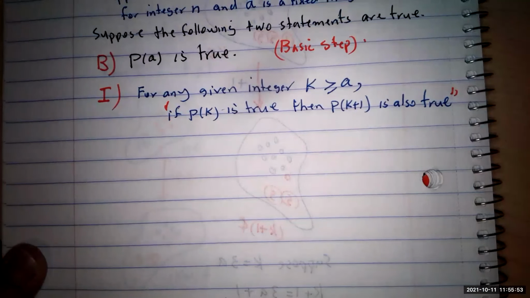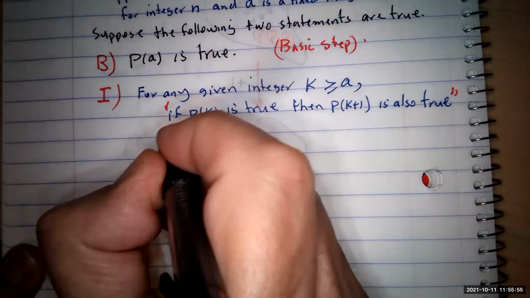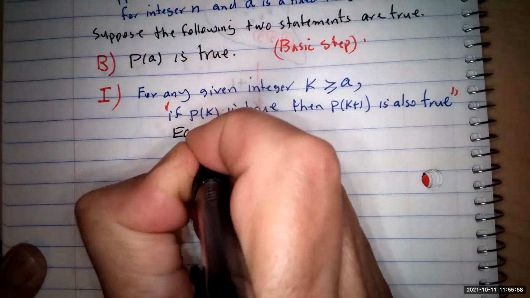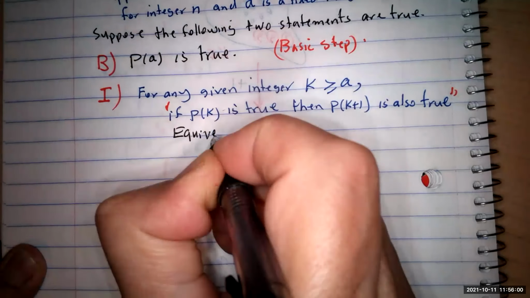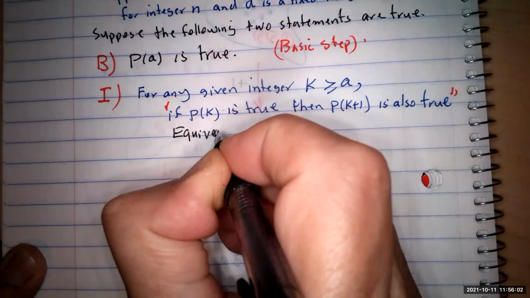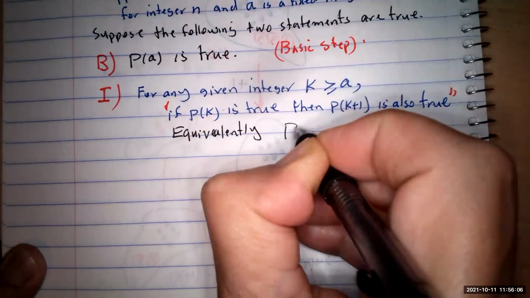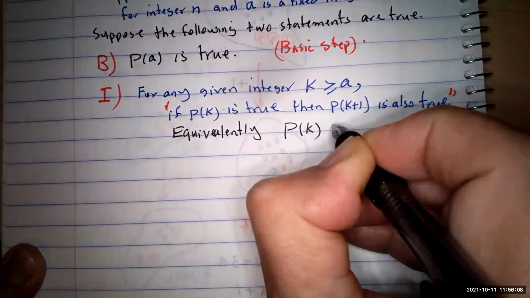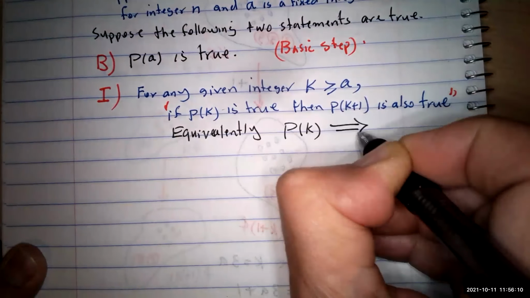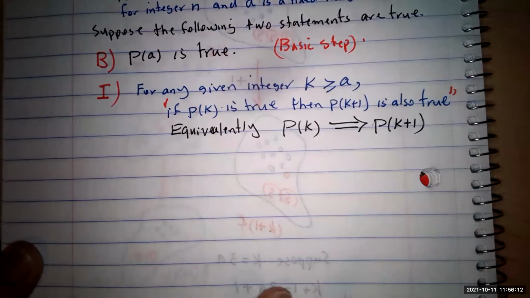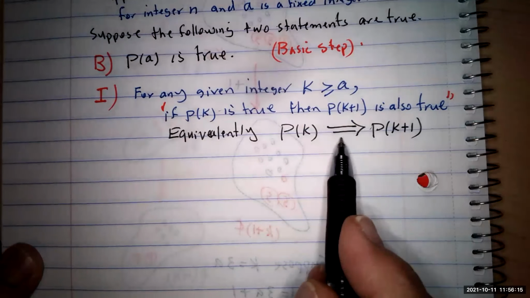Equivalently, if you like, in notation only, this means Pk implies Pk plus 1. You remember when we put this conditional with 2 lines, this means what?